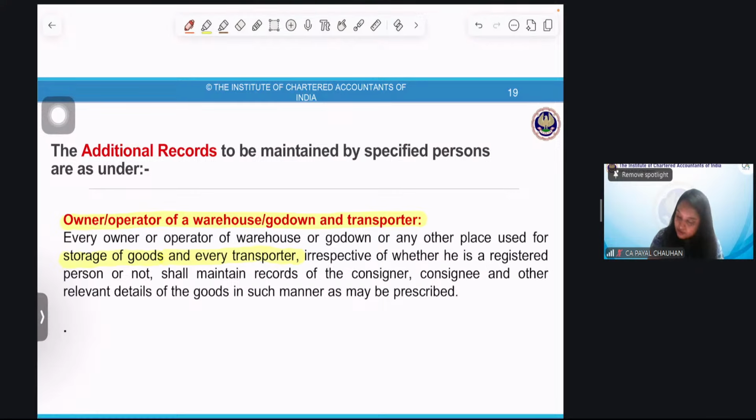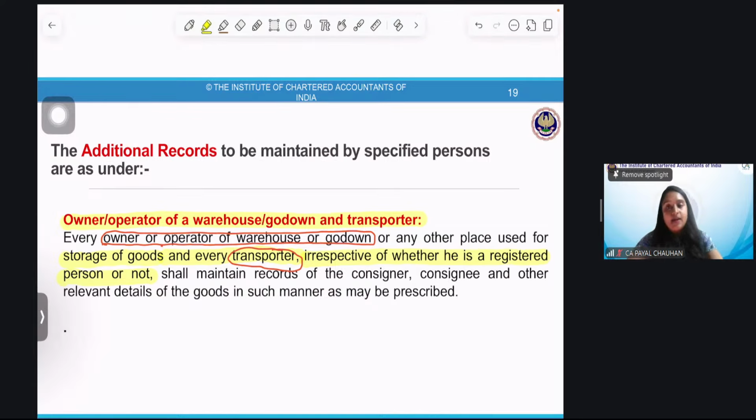It is covering the owner, operator of a warehouse and a go down, as well as the transporter, irrespective of whether he is registered or not, shall maintain record of consigner, consignee, and other relevant detail of goods in such manner as may be prescribed. A very good example of clearing and forwarding agent: packers and movers.